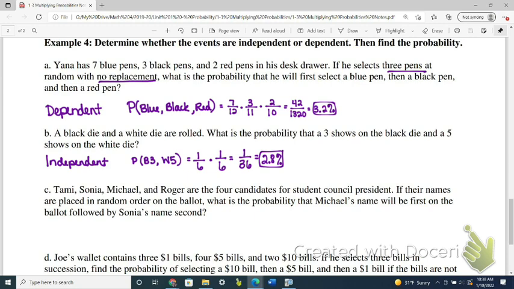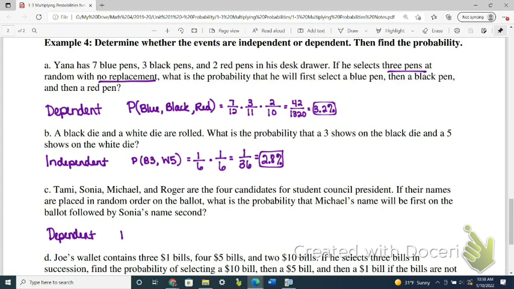C, Tammy, Sonia, Michael, and Roger are 4 candidates for student council president. If their names are placed in random order on the ballot, what is the probability that Michael's name will be first on the ballot, followed by Sonia's name? Those are dependent. They depend on one another.